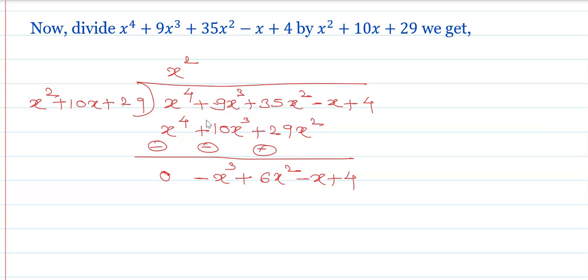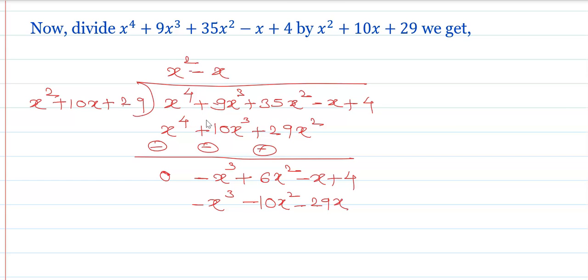Again to get the x cube, we have to multiply this x square by minus x. Therefore minus x into x square, you will get minus x cube, minus x into plus 10x, you will get minus 10x square, minus x into plus 29, you will get minus 29x.